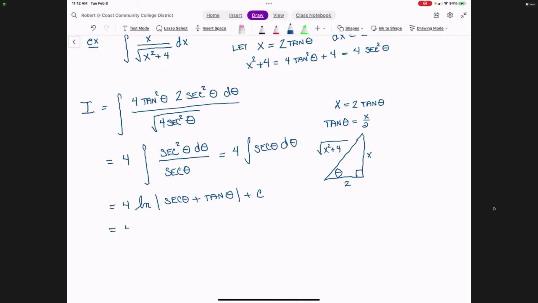Okay, so the secant of theta, I believe, is going to be the hypotenuse over this guy. And the tangent of theta, that's just the x over 2, plus constant c. And I don't think there's much more you could do with that one.